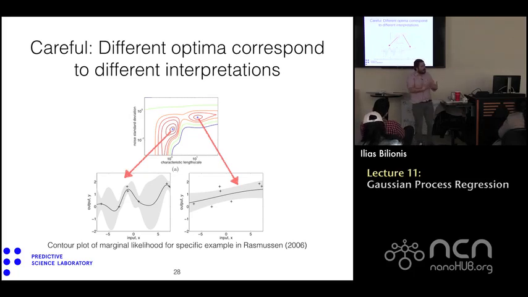Or by your prior knowledge. So maybe you know that this data set comes from measurements with an instrument that cannot have very big noise. Okay? And how can you tell this to the Gaussian process? Well, you go to the prior of the measurement noise and you say, it has to be something around there because I know that this machine does not add this much noise. So get rid of this.